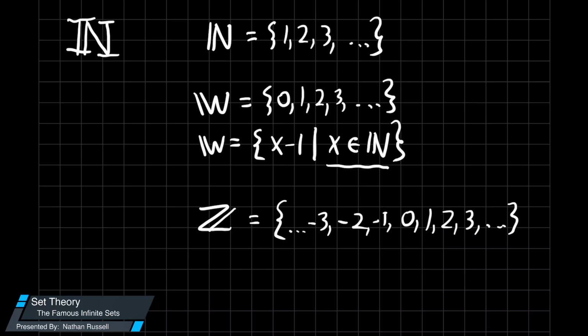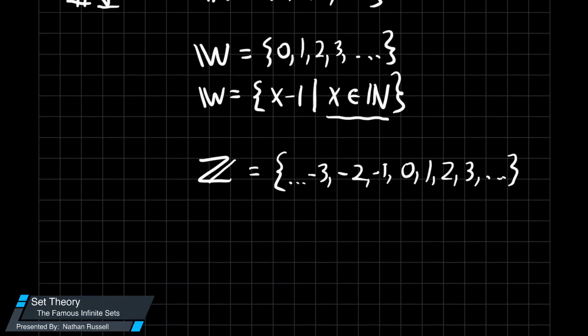So this is a countable set, but remember, we have to use some sort of set builder notation that relies on the natural numbers. Well, we're going to modify that just a bit, and we're going to take some logical leaps that you need to be aware of. The set of integers can be constructed in this fashion. You may say to yourself, well, he said there had to be a natural connection to the natural numbers, but here I'm referencing the whole numbers.